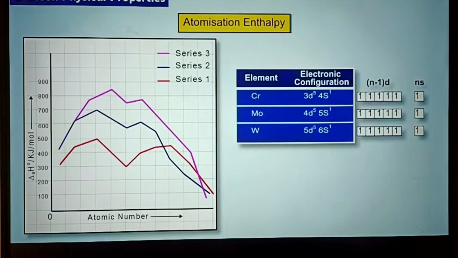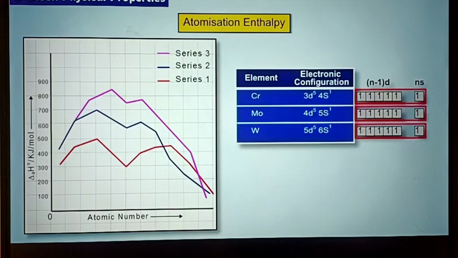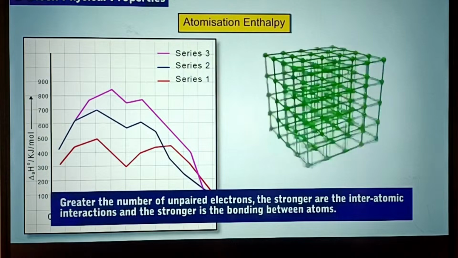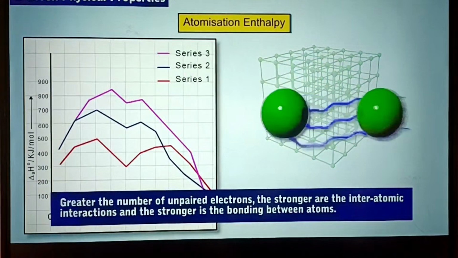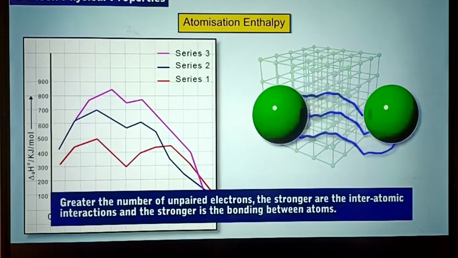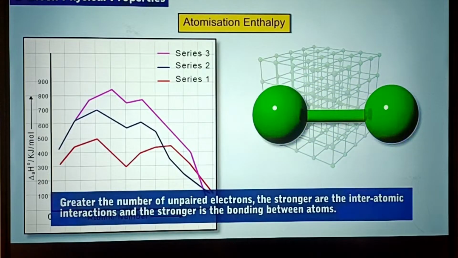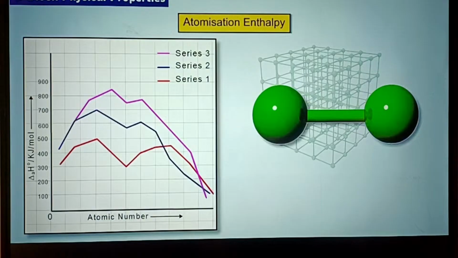The maxima in each series indicates that interatomic interactions are stronger in half-filled d orbitals. It means that the greater the number of unpaired electrons, the stronger are the interatomic interactions and the stronger is the bonding between atoms. Consequently, the higher are the enthalpies of atomization.